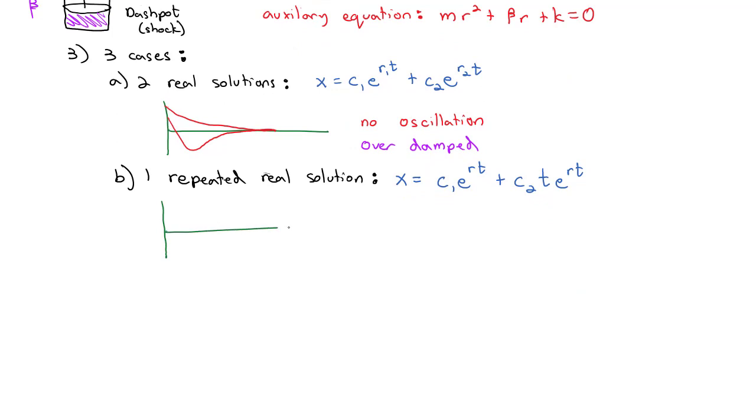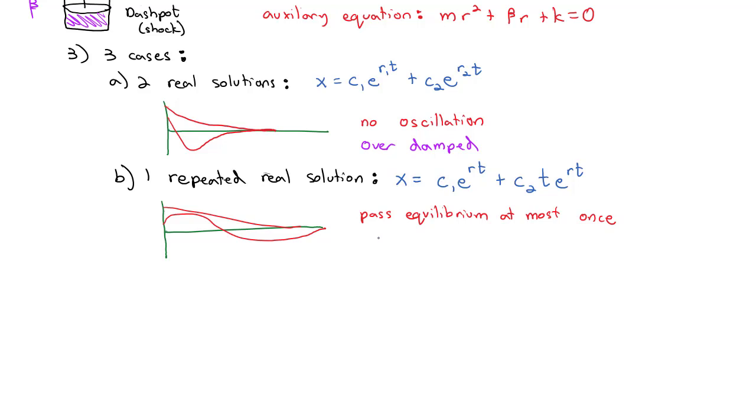In this case, we have a possibility that we could pass equilibrium at most once. So it might start going up, pass equilibrium, and go right back to it. Or it might even just go straight to equilibrium. But it turns out that it passes equilibrium at most, though not necessarily at all, once.